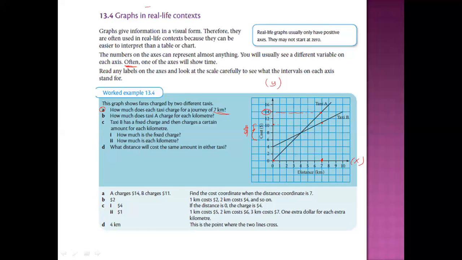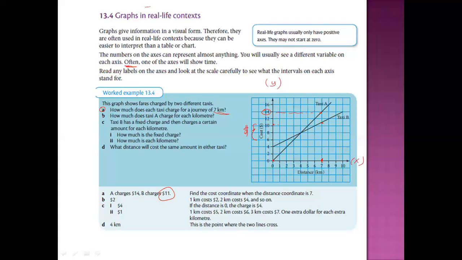That's why the cost of taxi B after 7 kilometers is $11. So find the cost where the distance coordinate is 7: taxi B is $11, and for taxi A it's $14.